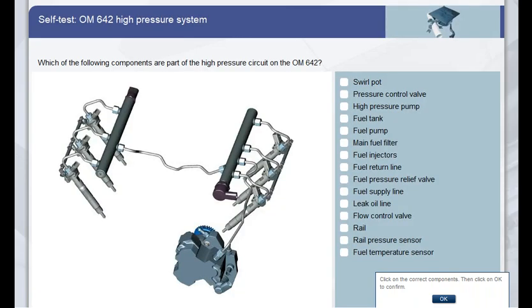Which of the following components are part of the high-pressure circuit on the OM642? Click on all the right answers and then on OK to confirm.